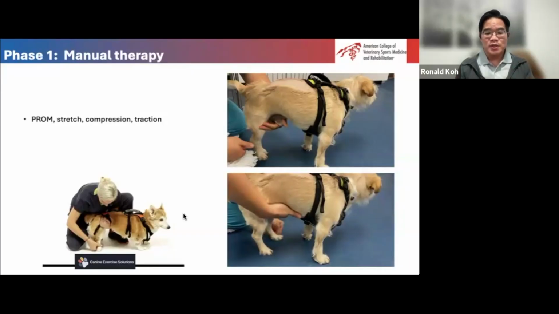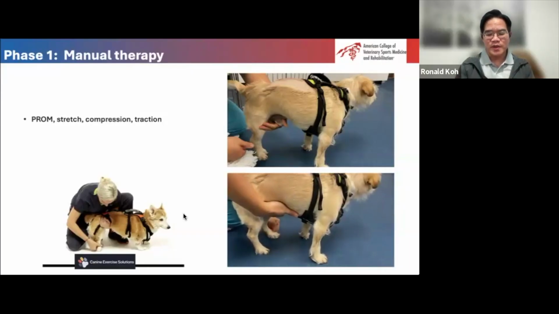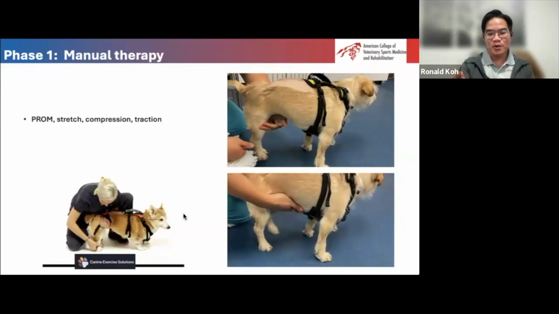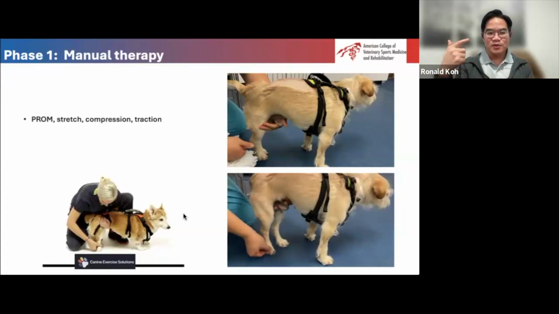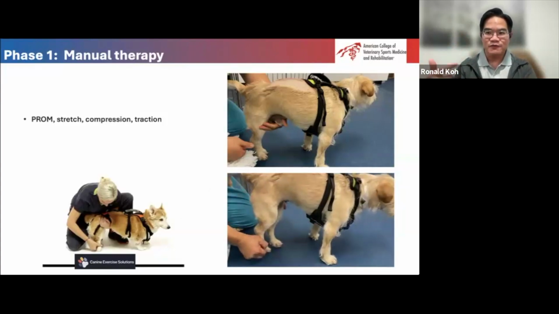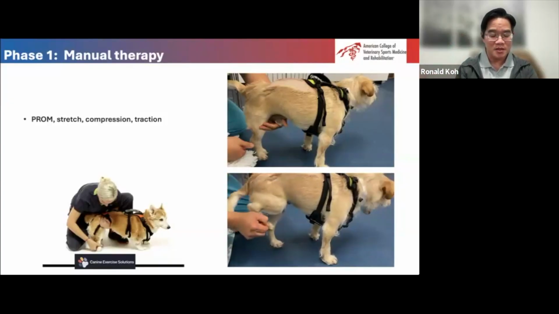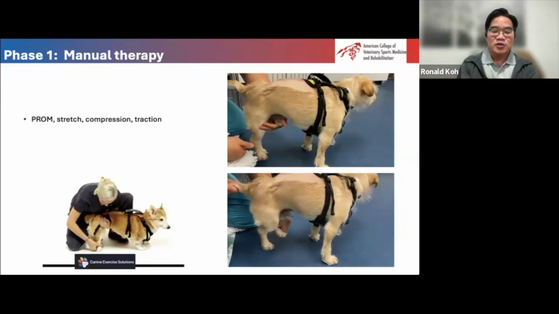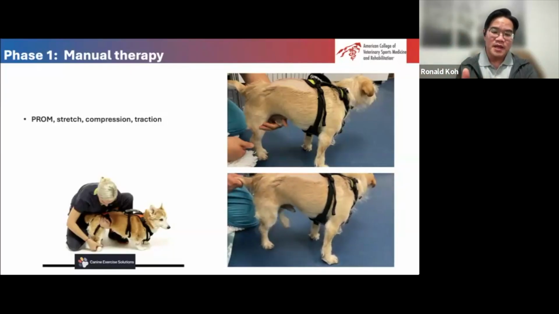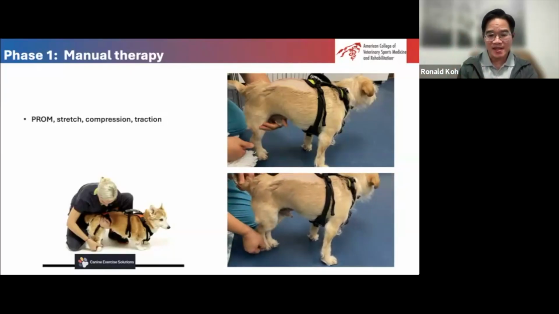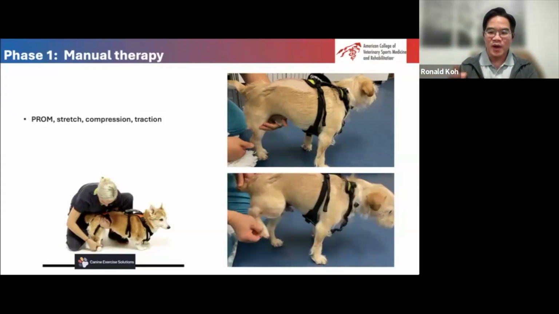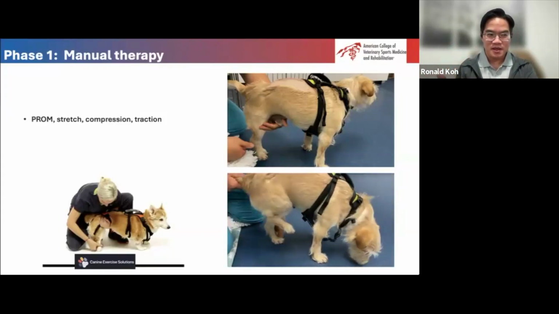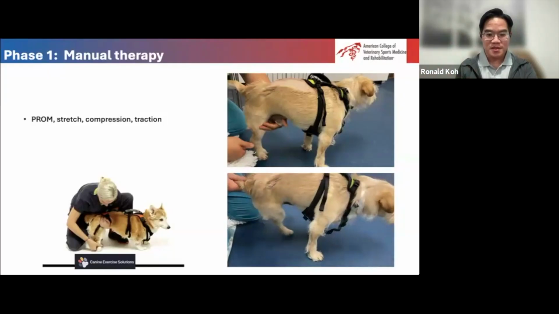Toe pinching, I also do that when they're standing, right? So when they're standing, I kind of pinch one toe. Now, even though the dog does not have a positive crossed extensor, upper motor neuron sign, this actually is a very good exercise. Remember that when the dog is standing, they always have a crossed extensor reflex, right?